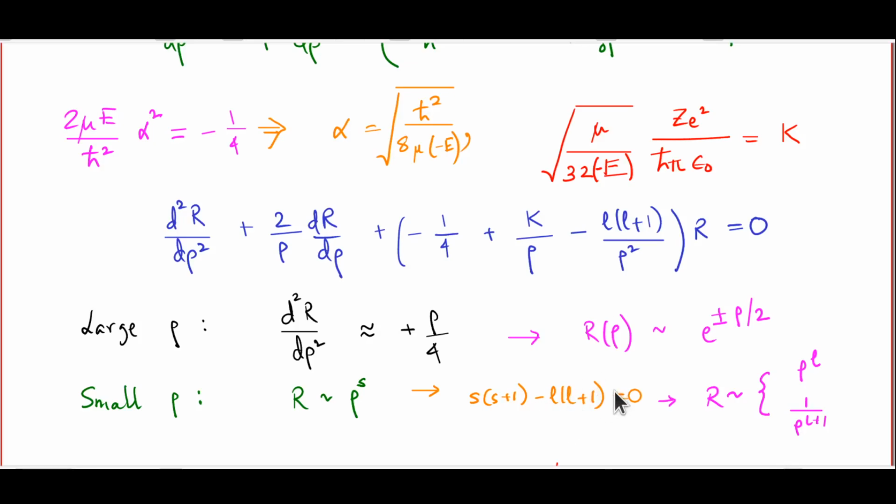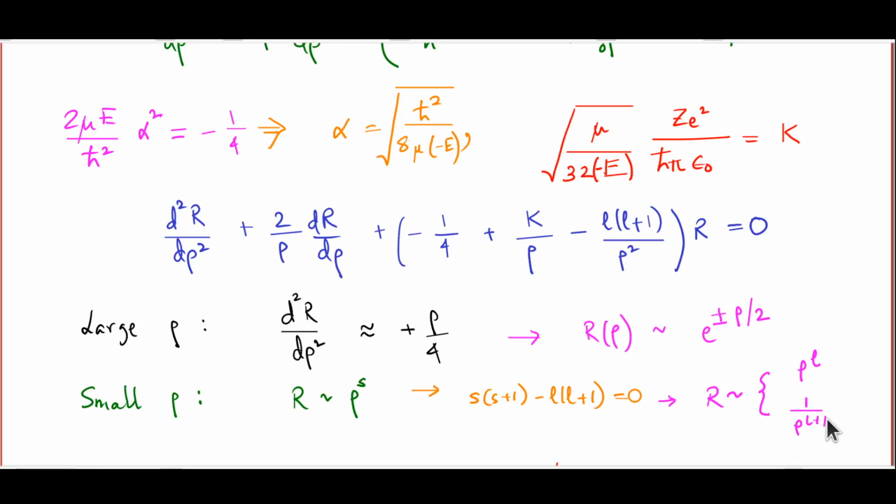And if you solve this quadratic equation, you get 2 possible roots. So capital R for very small rho has these 2 possible behaviors. Rho to the L is 1 root for s, and 1 by rho to the L plus 1 from the other root. Obviously, this is the one which is well behaved as rho goes to 0. This is the one which is going to diverge, and hence the one we don't want.